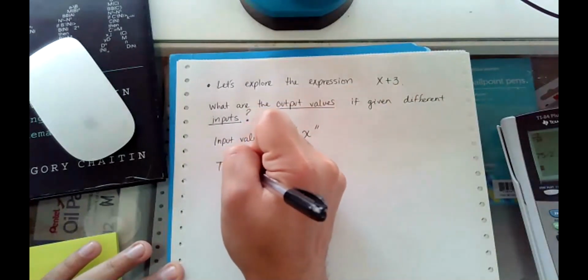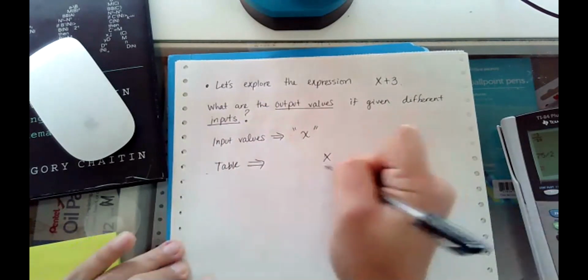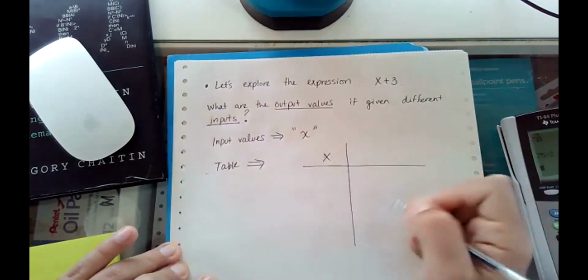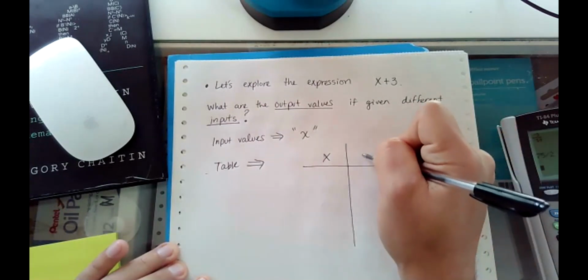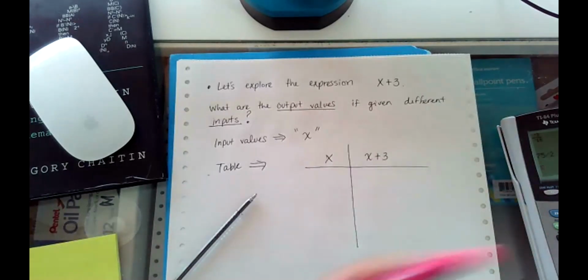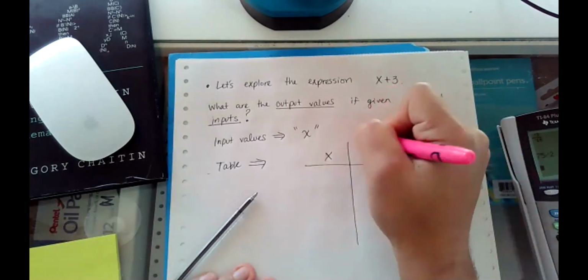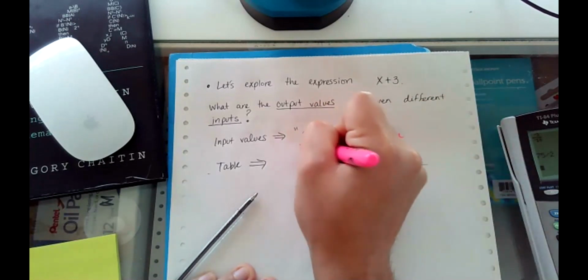We might make a table that has an x over here on one side, and then the expression over here, x plus 3, will have some different output value. So I'm going to put in this column the outputs. This is the input side.